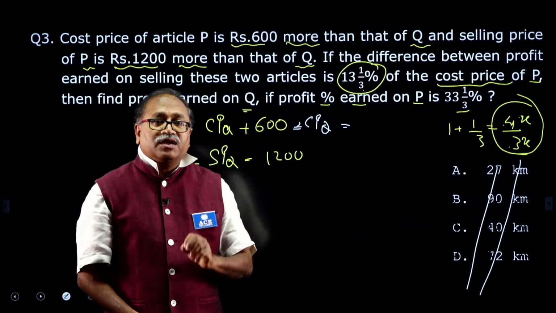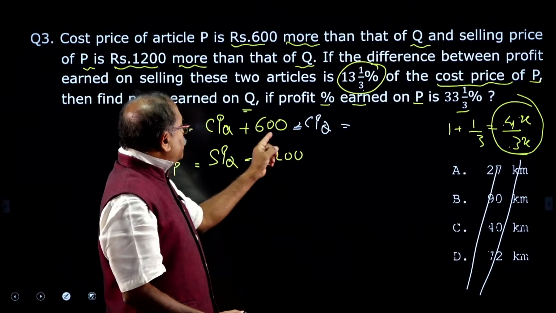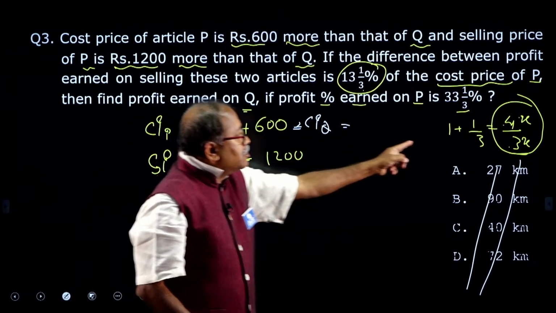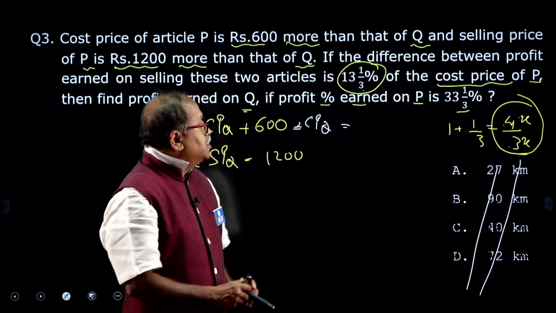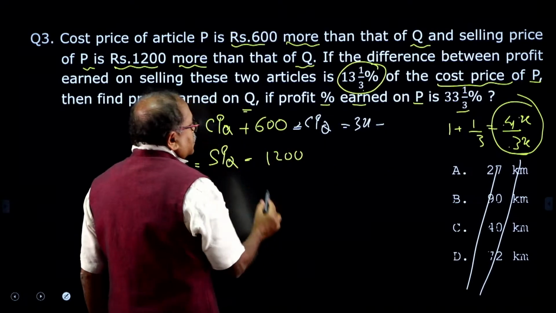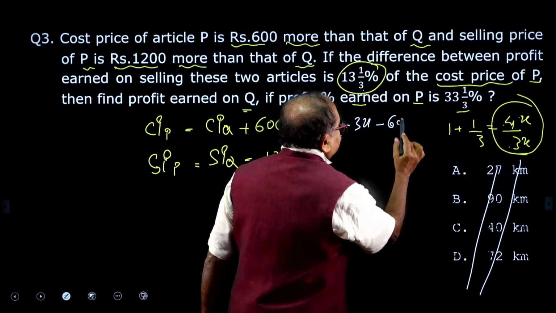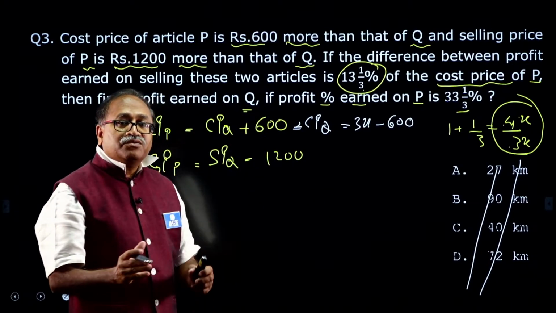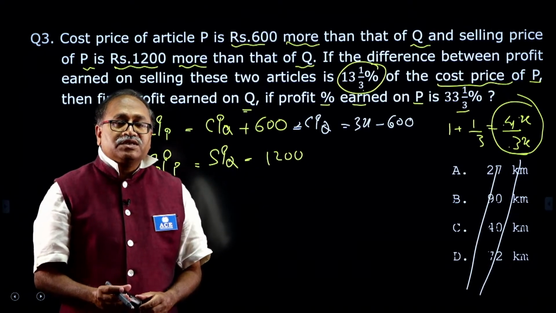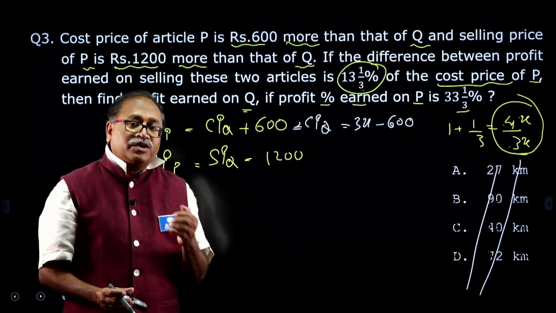So, now both are in the x format. What is the cost price of P? 3x. So, that is 3x minus 600. I converted the cost price of Q in the form of x. Similarly, I will convert the selling price of Q in the form of x.